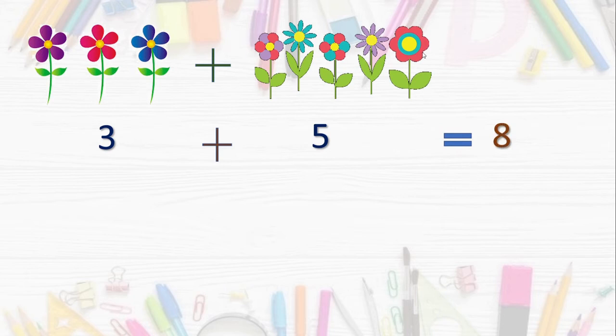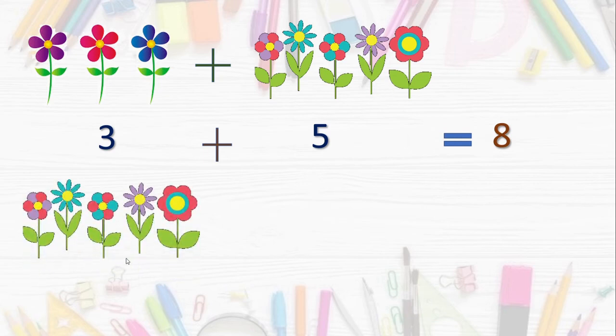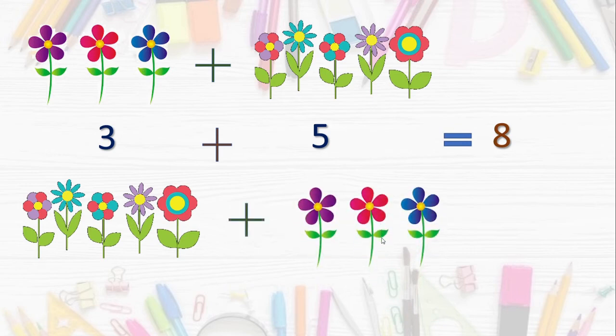Now I will take this bunch of flowers in the first place and these in the second place. See here. Now again we will count. Here how many flowers are there? 1, 2, 3, 4, 5. I will write 5 here. This plus sign and here 3 flowers. Come on children, tell me how many flowers together? 5, 6, 7 and 8, or 5 plus 3.